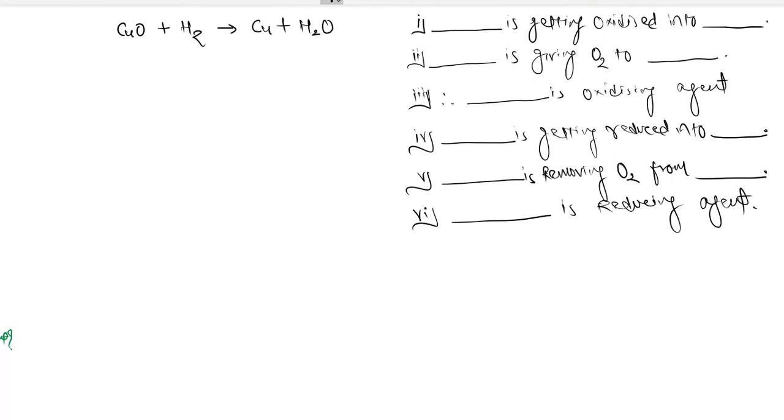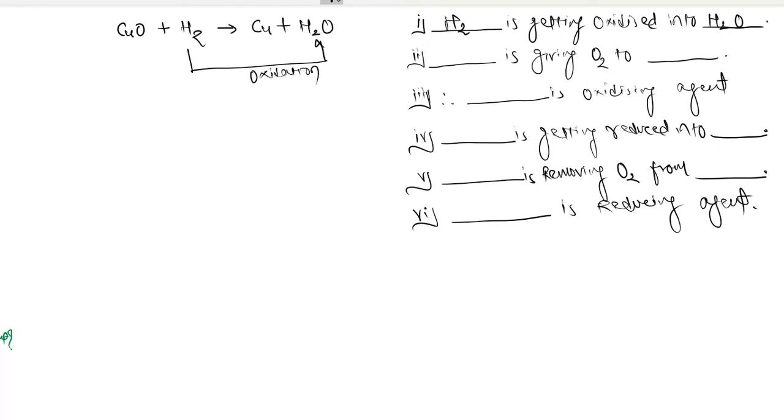Let's solve these together and get our concept absolutely clear. Dash is getting oxidized into dash. Hydrogen is getting oxidized into water. Hydrogen is becoming water. So this is oxidation, adding of oxygen.